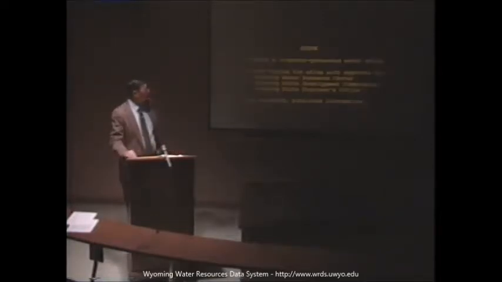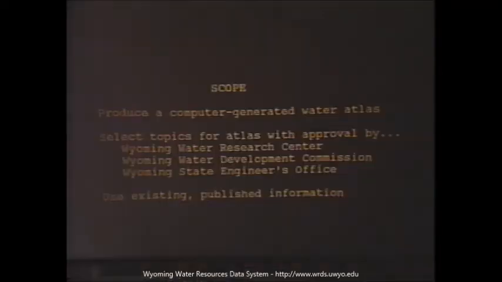The scope of our project was to produce a computer-generated water atlas and select the topics for this atlas in conjunction with the Wyoming Water Research Center, the Wyoming Water Development Commission, the Wyoming State Engineer's Office, and most importantly, to use existing published information. Within the scope of the atlas, we were not to go out and collect new data. We were to use what data already existed.